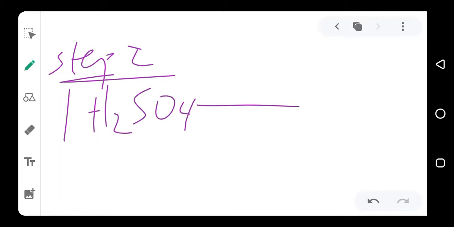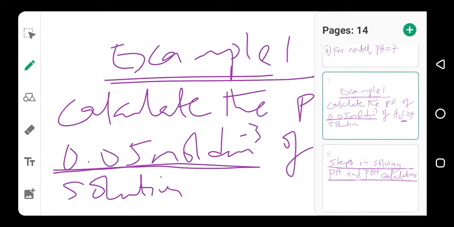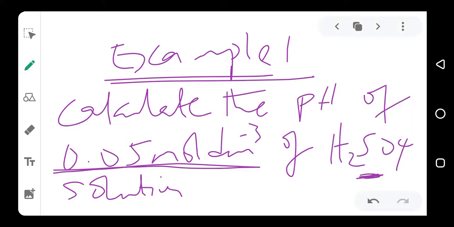So in step 2, we say that 1 mole of H2SO4 gives us 2 moles of hydrogen ion. Therefore, the molar concentration given to us in the equation is 0.05. So we ask ourselves, this 0.05 molar concentration of the acid, how many hydrogen ion will it produce?